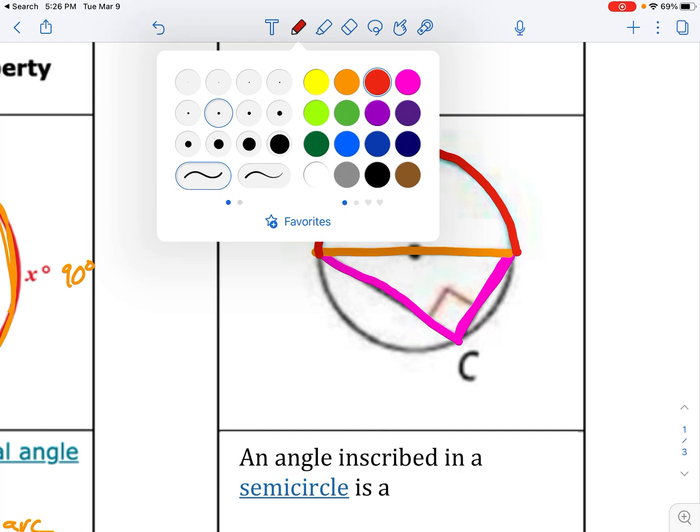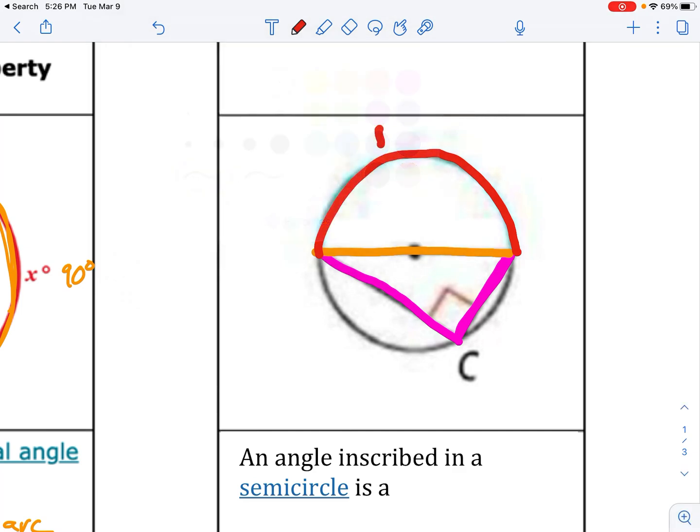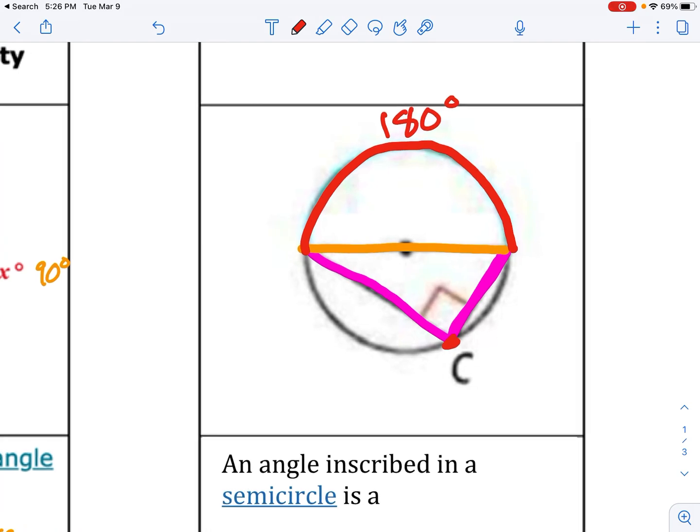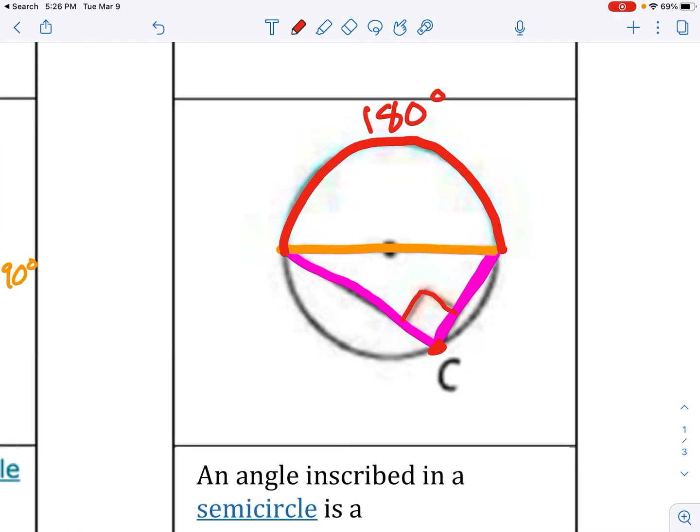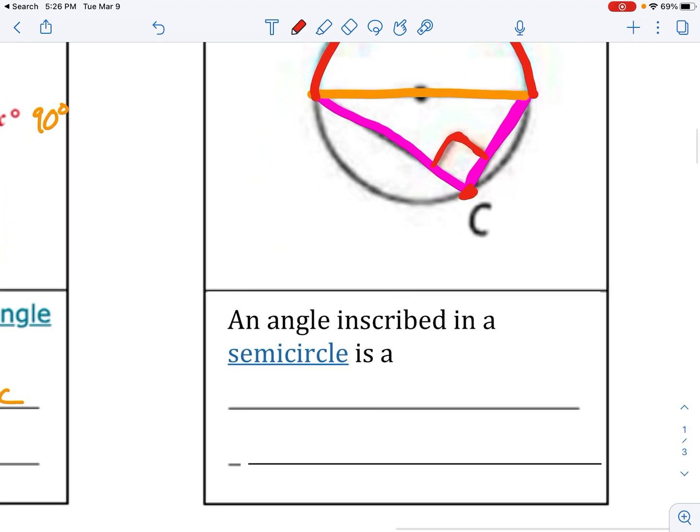Let me fix my marker quick. That's 180 degrees, which means if we are making an inscribed angle, it's inscribed because it's got a vertex on the edge of the circle, that would mean this is half, which would make it a 90-degree angle. So the angle inscribed in a semicircle is a 90-degree angle.